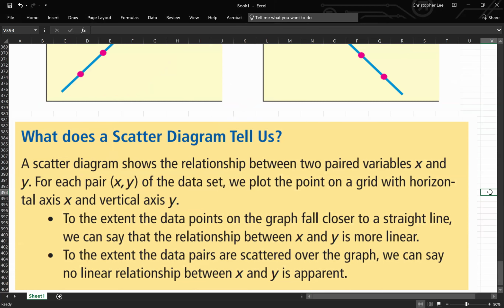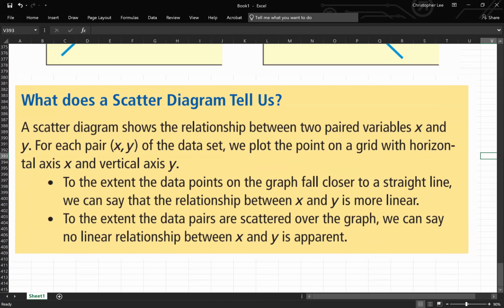A scatter diagram shows the relationship between two paired data values, variables, excuse me, X and Y. For each pair X, Y of the data set, we plot the point on the grid with horizontal axis X and vertical axis Y. To the extent the data values on the graph fall closer to a straight line, we say the relationship between X and Y is more linear. To the extent the data values are scattered over the graph, we say no linear relationship between X and Y is apparent.